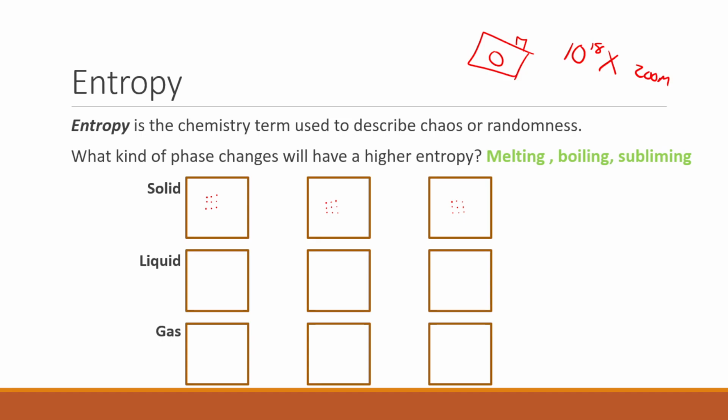Now, what if we took these same pictures of liquid particles? I drew 9 particles in each of these boxes, so let's keep 9 as our number here. If we got 9 liquid particles, we would have much more randomness.